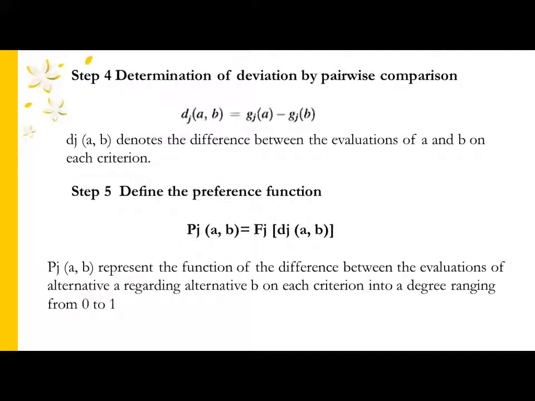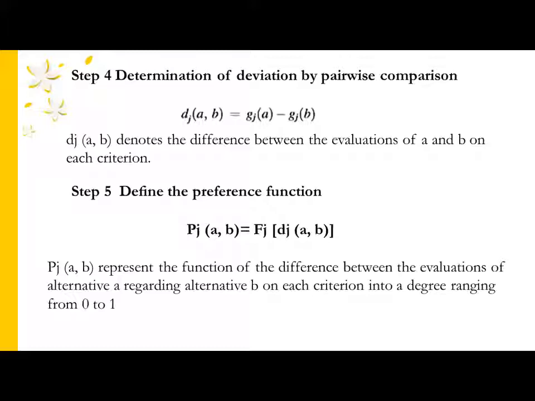And here comes the determination of deviation by pairwise comparison. In this method, we deal with the preference of one alternative over another, that is, how each alternative differs from each other based on each criterion. That is what we find in step 4. Since we are dealing with a preference given to each alternative, we define a preference function.